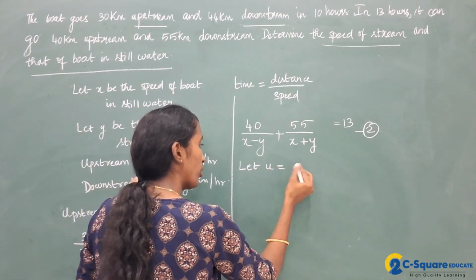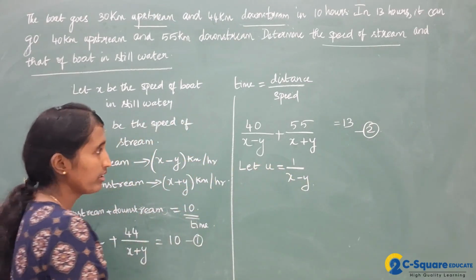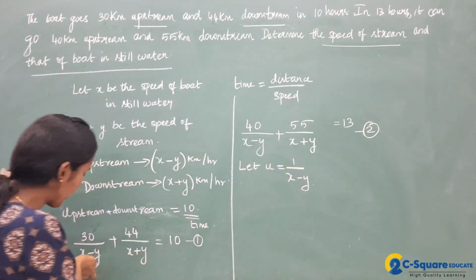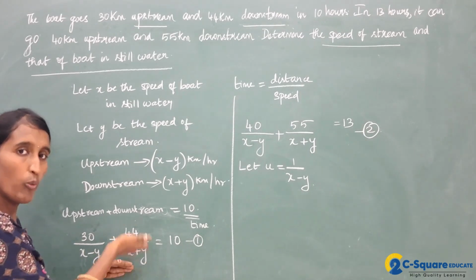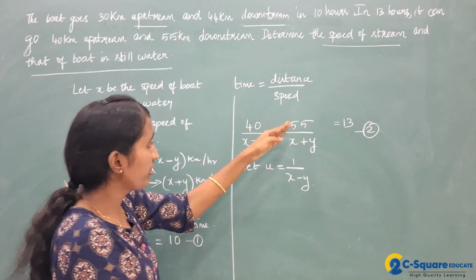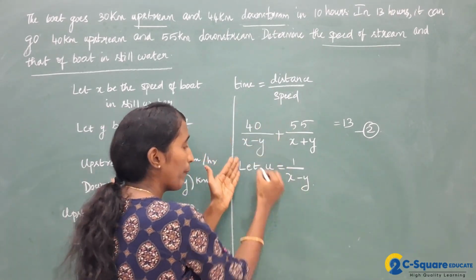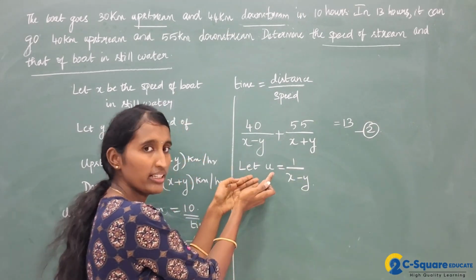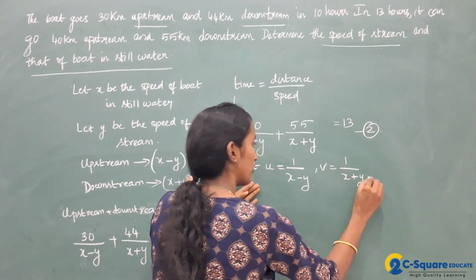Let u equal 1 by x minus y, because this is nothing but 30 into 1 by x minus y, 44 into 1 by x plus y, 40 into 1 by x minus y and 55 into 1 by x plus y. So 1 by x minus y, I am considering as u, and v equals 1 by x plus y.